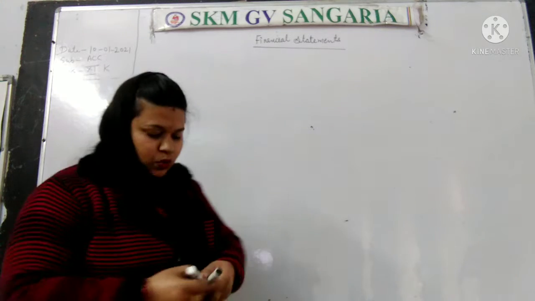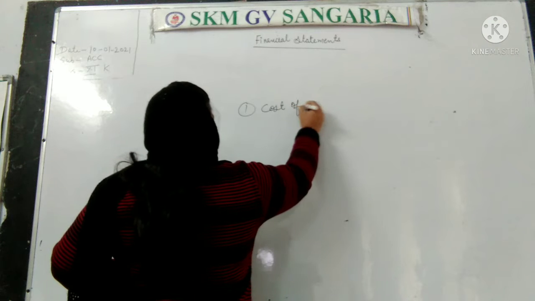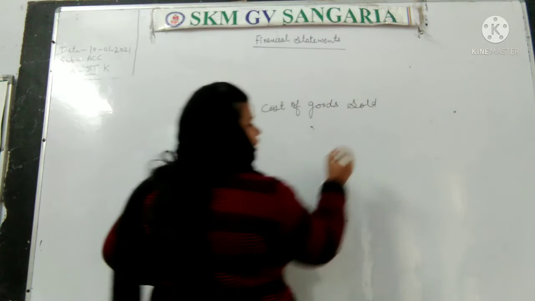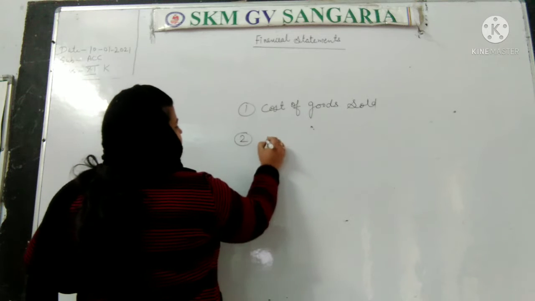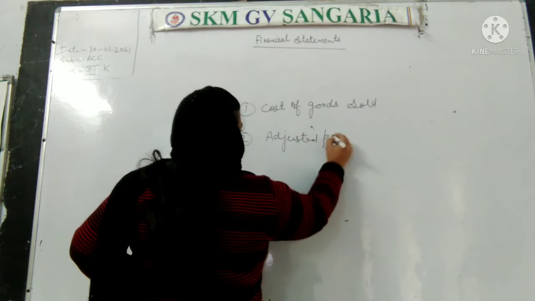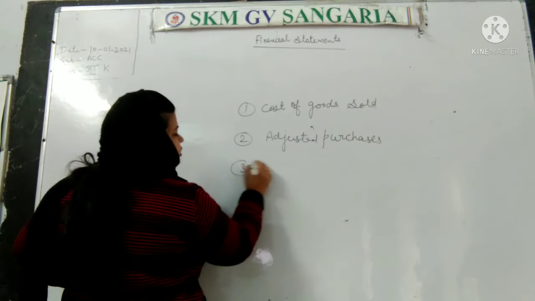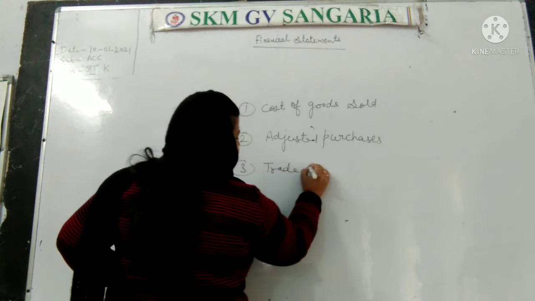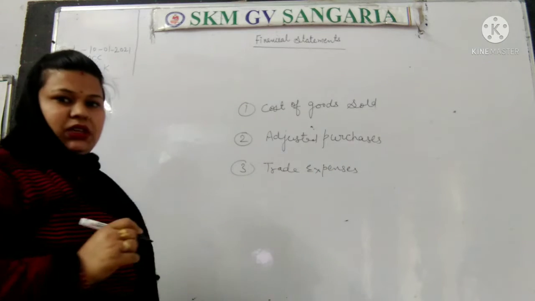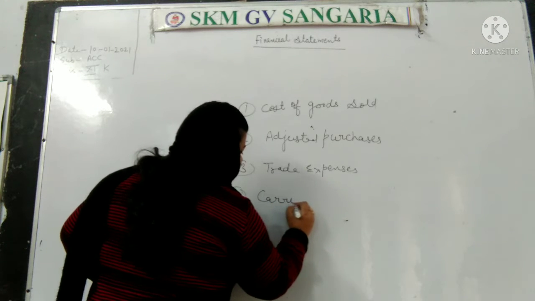These terms were related to cost of goods sold, the second term was related to adjusted purchases, the third term was related to trade expenses, all these terms are important, and the fourth term was related to carriage outward.